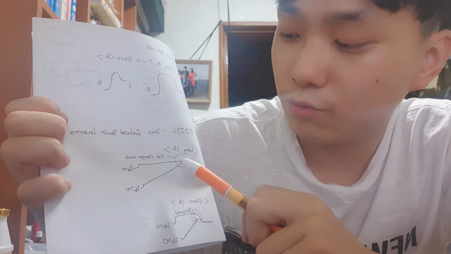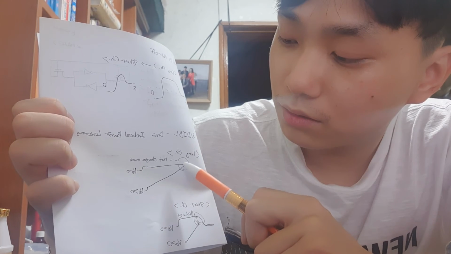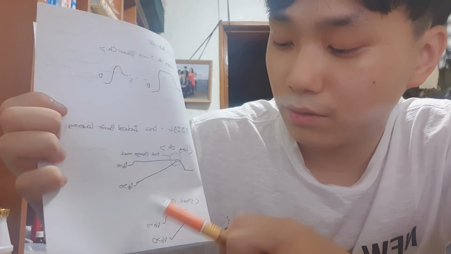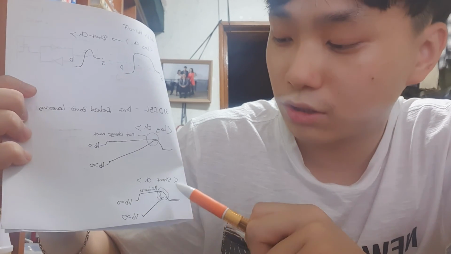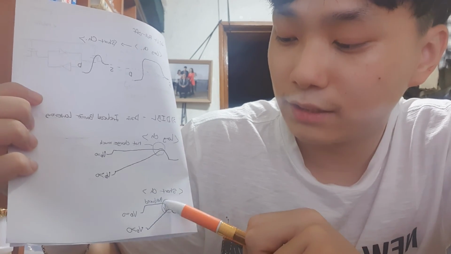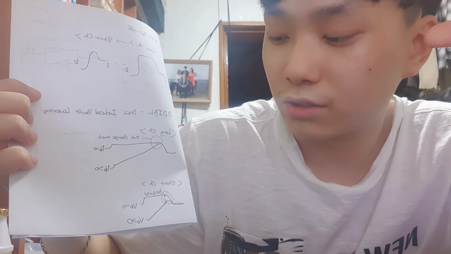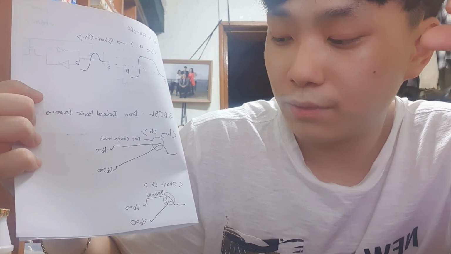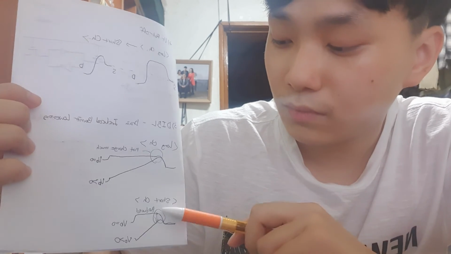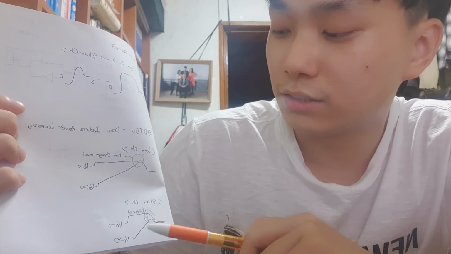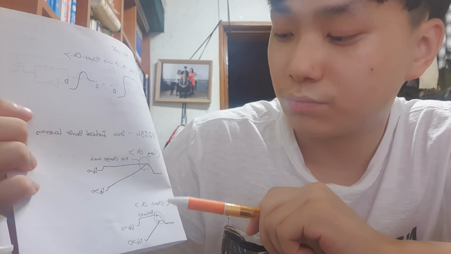It does not change much, but when the device becomes shorter, we can see the variation is very big, and it is critical to the device barrier. We can easily see the barrier reduced. So this is called the DIBL problem.